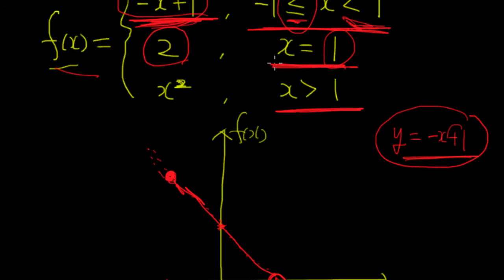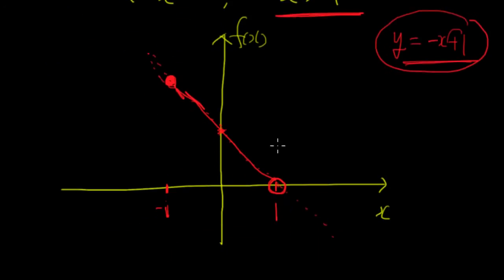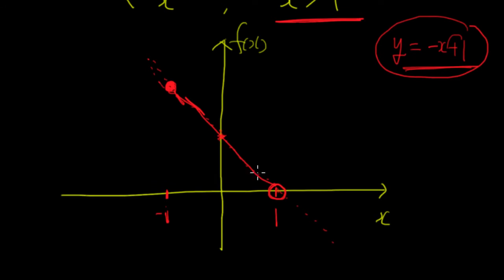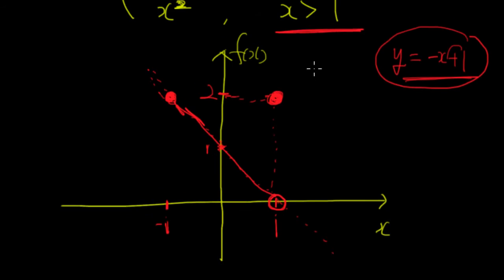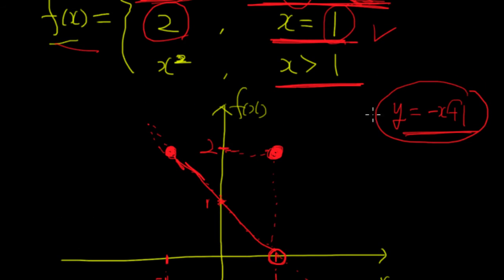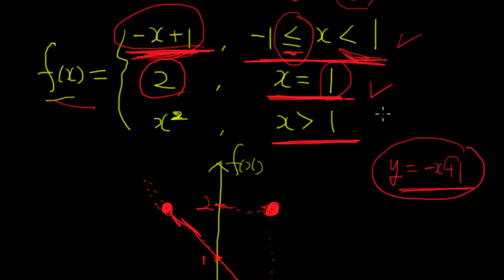Right above x equals 1, just one single point, the y value is going to be 2. So when x equals 1, y is 2, right there, a nice closed dot. Okay, so we've done the first and the second pieces.